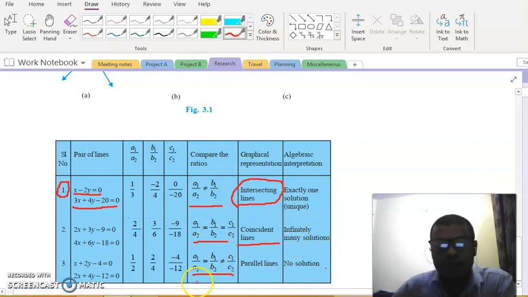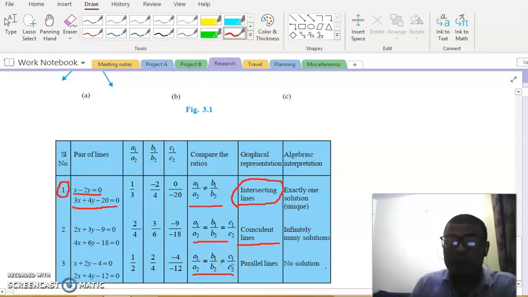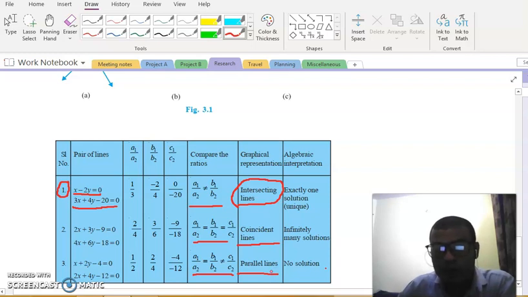And if the first two ratios are equal and they are not equal to the third ratio, c1 upon c2, then you say the lines are parallel and there is no solution, because you can't solve.